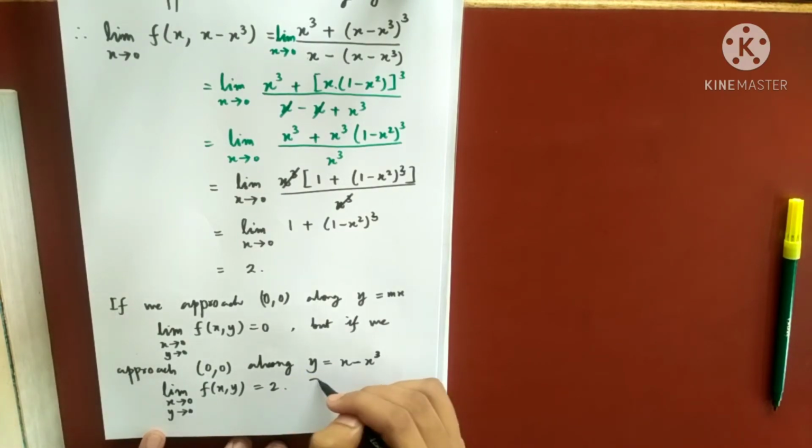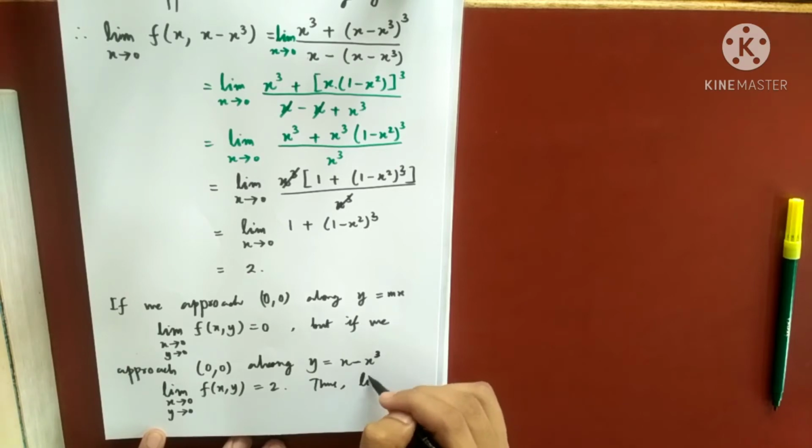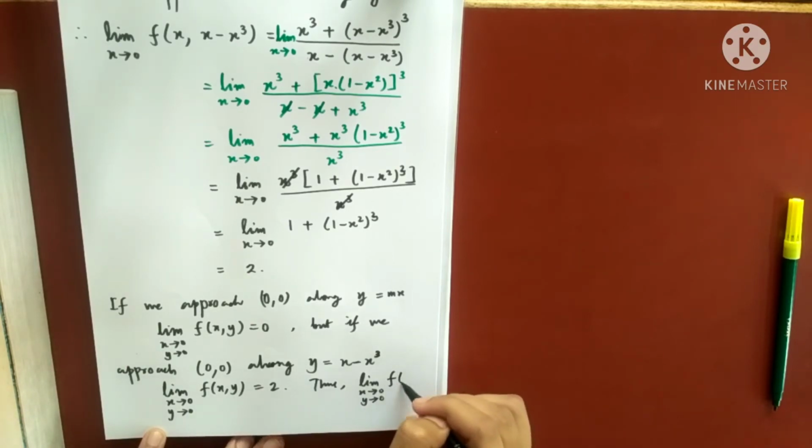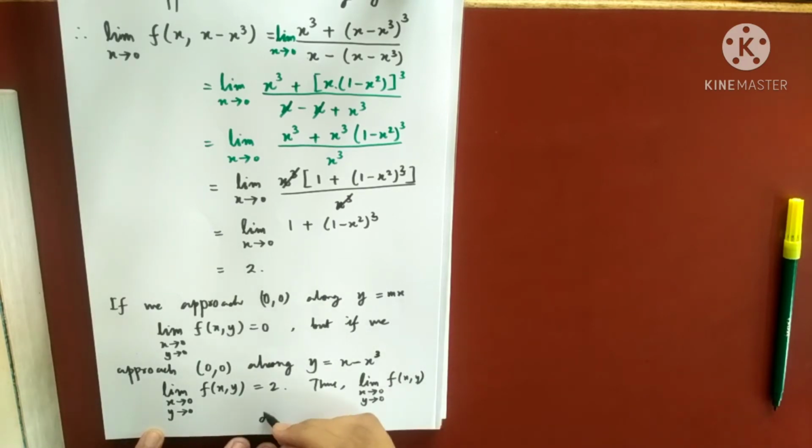So thus this limit, the double limit, cannot exist or does not exist.